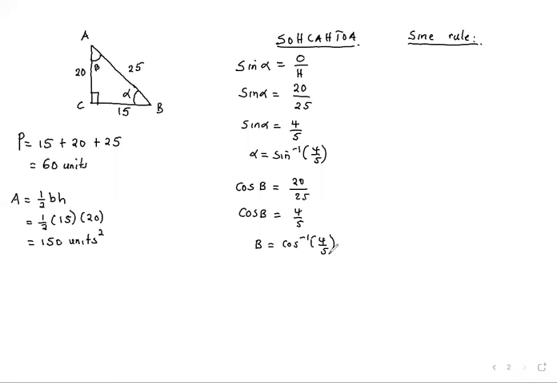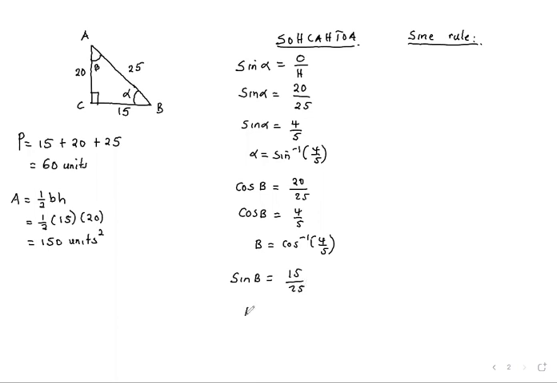The value you get here must be the same value you get if you use sine. Sine beta is equal to opposite, which is 15, over 25, 15/25.